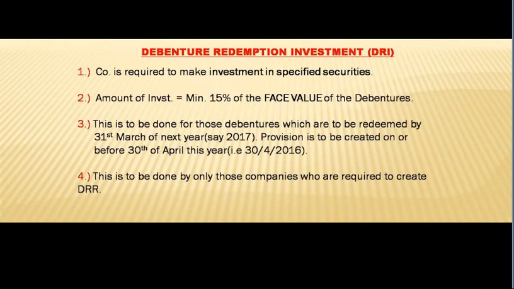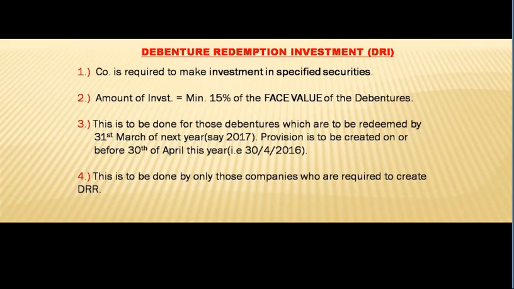Let us see the provisions regarding this. Debenture redemption investment: the company is required to make investment in specified securities. What are specified securities? The securities which have been specified for the purpose of redemption of debentures. These are specified by Companies Act 2013.